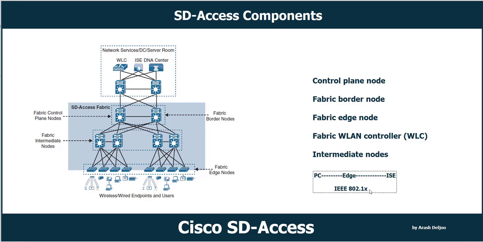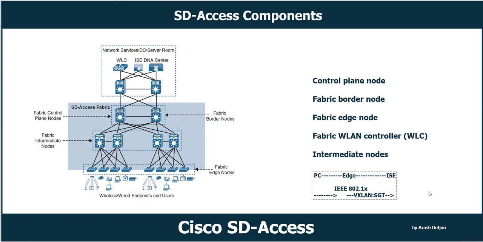If from ISE we receive the policy or SGT, the edge should attach the tag to the traffic of the PC that it is receiving. For example, we receive pure traffic from the PC, and when we encapsulate this traffic in the VXLAN header, we assign the SGT tag, and other devices will use this SGT tag.